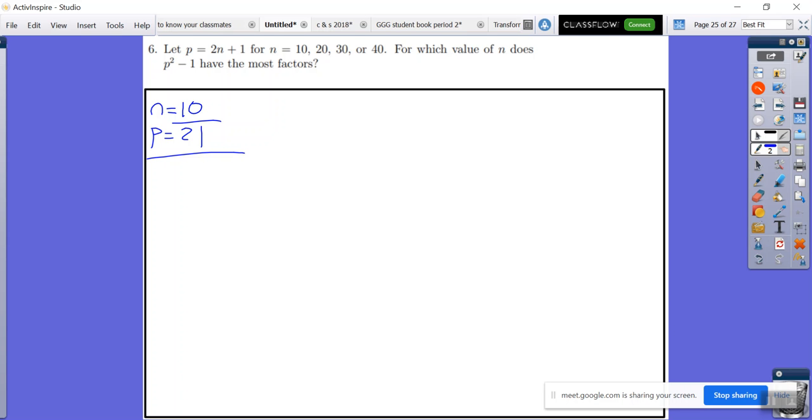Let me do it on my whiteboard. 441. Okay, very fast at that. 441 minus 1 is? 440. Okay. When n is equal to 20, what did you get?